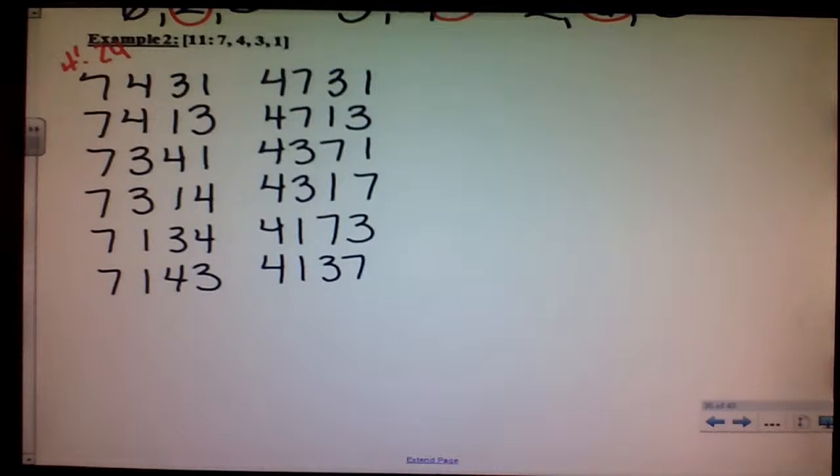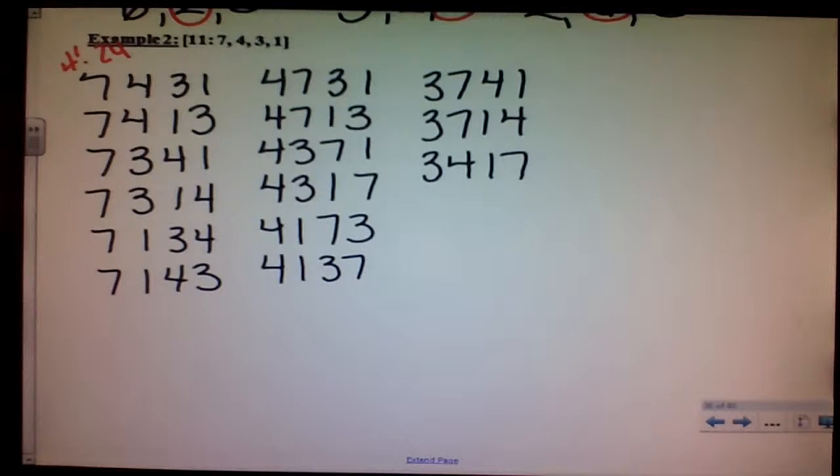Those are all your 4s. 3, 7, 4, 1. 3, 7, 1, 4. 3, 4, 1, 7. 3, 4, 7, 1. 3, 1, 7, 4. 3, 1, 4, 7.